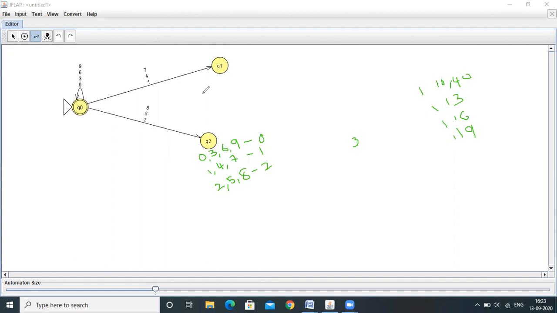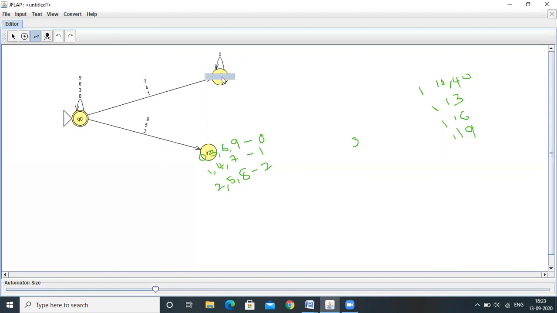So Q1 on 0, 3, 6, 9, the remainder is 1. It means it will reside within the same state. The remainder 1 state is Q1 here. So Q1 on 0, Q1 on 3, Q1 on 6, Q1 on 9.